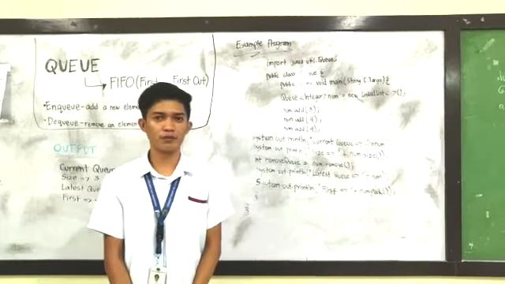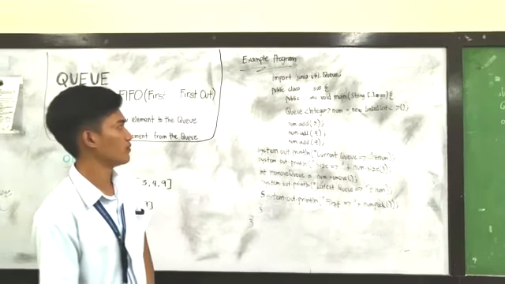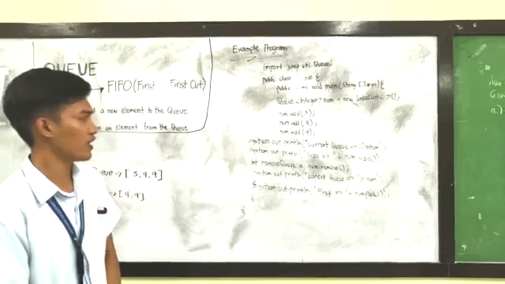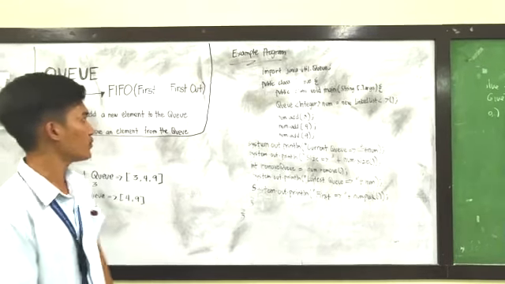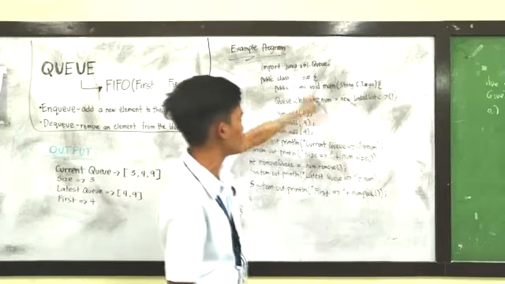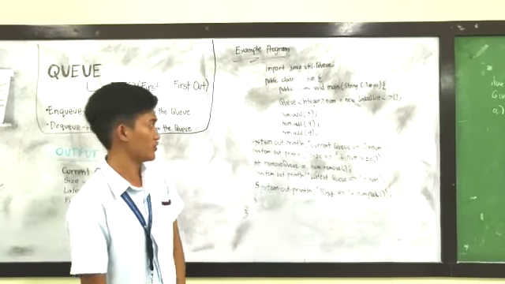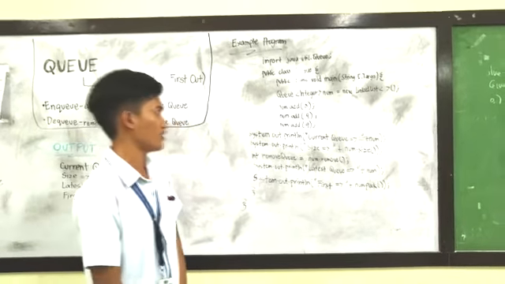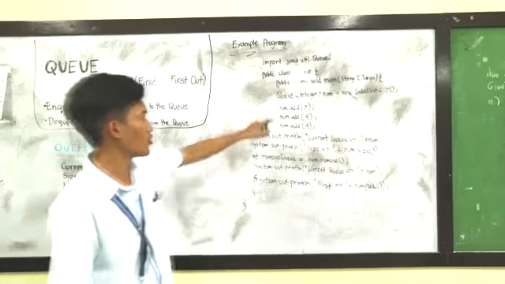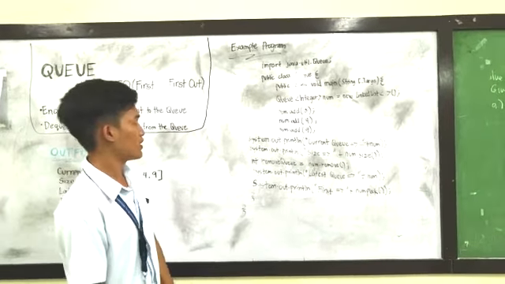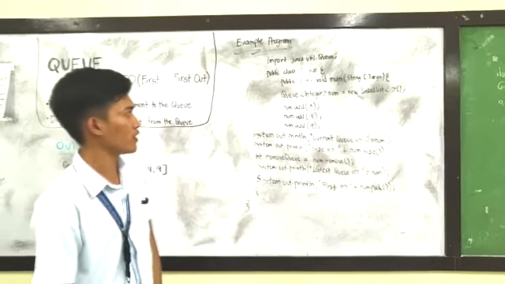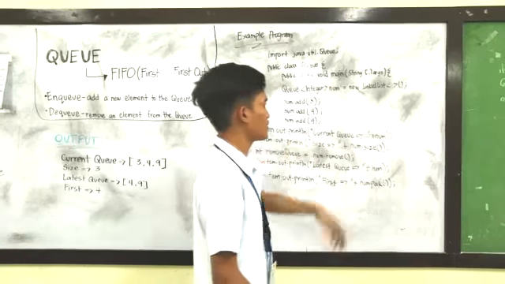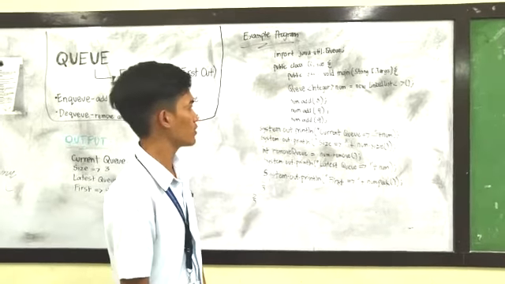For the continuation of the topic queue, I have this example program. First thing, in creating a program, we must first insert an import. As I said earlier, the import for queue is import java.util.Queue and ends with a semicolon. For the file name, the user can choose whatever he or she wants, but in this program we choose Q as the file name, so that will be public class Q and ends with an open curly brace. Then public static void main, open parenthesis, String brackets args, close parenthesis, and ends with an open curly brace.